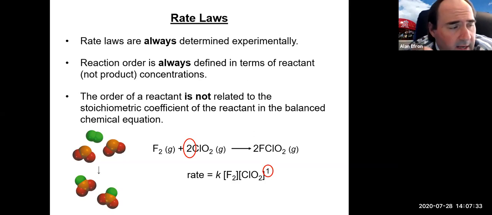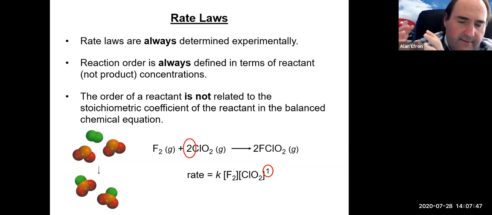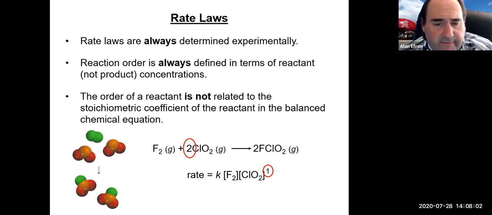So again, we cannot just take the coefficients and use those for our rate laws. The slight difference between those two things, as I mentioned before, is that when we're talking about the rate law, we're talking about the proportion that's needed of those reactants to maintain a particular rate, as opposed to the proportion that's needed for the reaction to take place and actually occur, which is the mole to mole relationship, or the stoichiometry part of it.